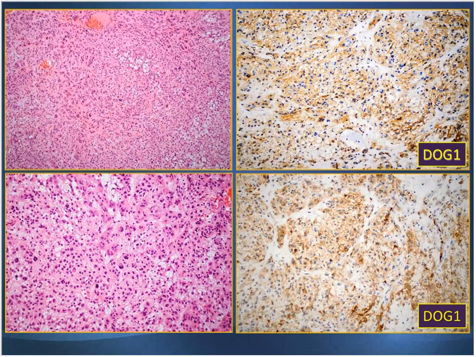And on the right side, you can see the staining for DOG1 in the cytoplasm and cytoplasmic membrane. Similar to KIT, CD117, the reaction for DOG1 is usually diffuse and the so-called all or none phenomenon. Focal staining in these tumors is very uncommon.